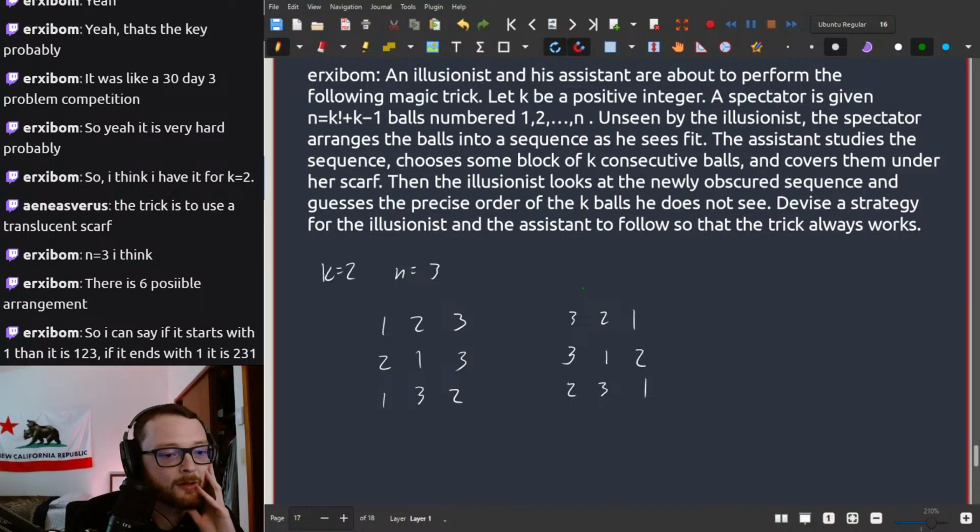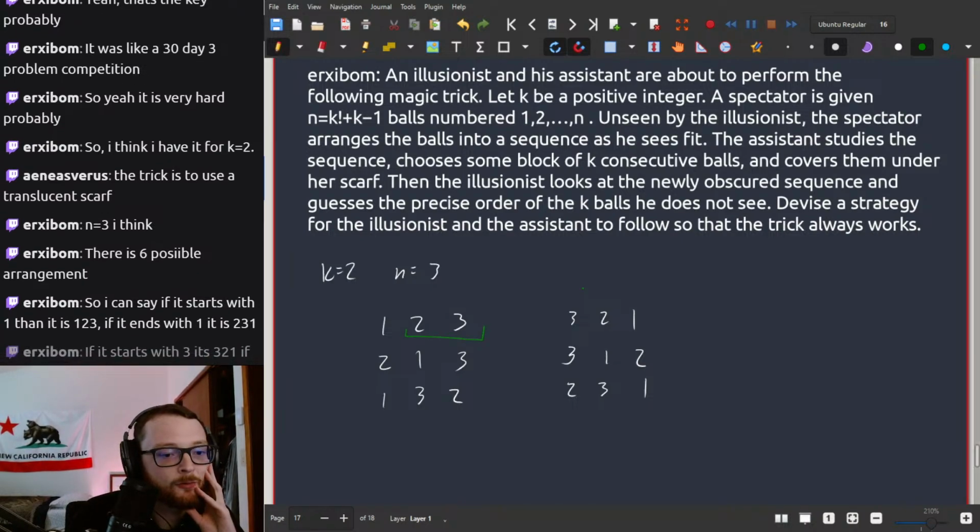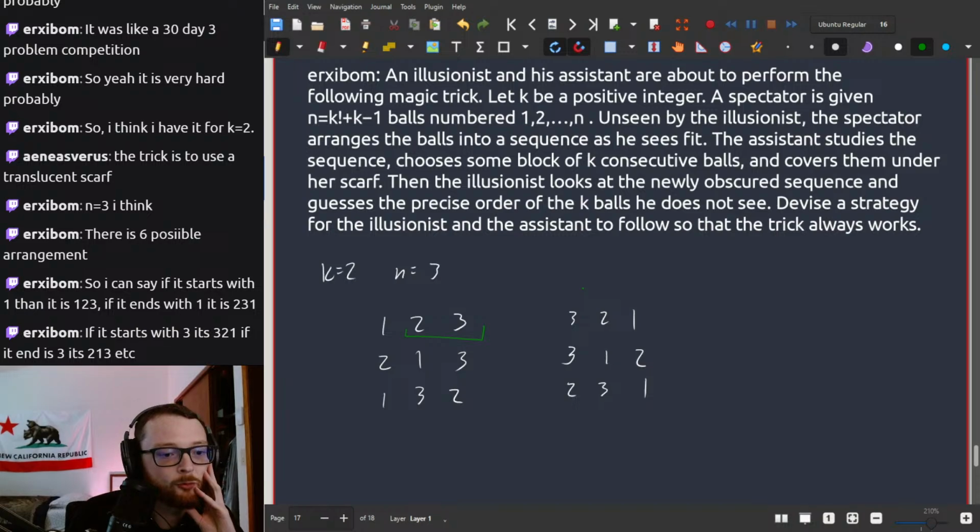Okay, so you're saying if you have a 1 on the left and the 2 things are covered up, we've agreed that this will always be 2, 3. Okay. If it ends with 1, we can agree it'll be 2, 3. Sure.